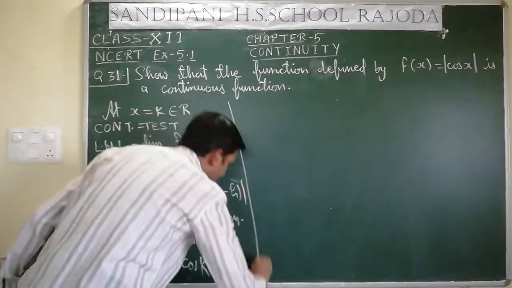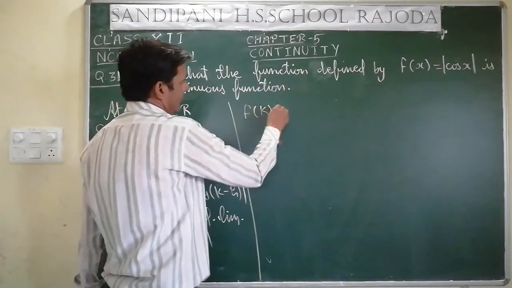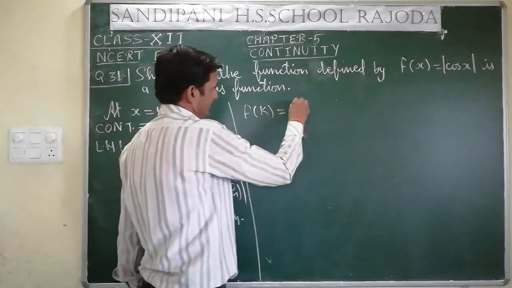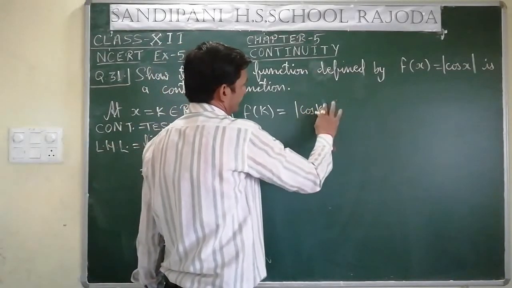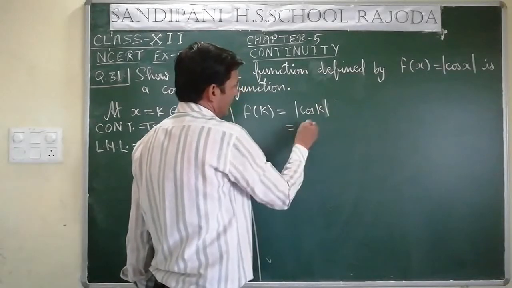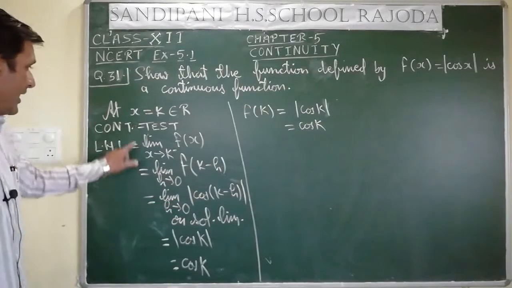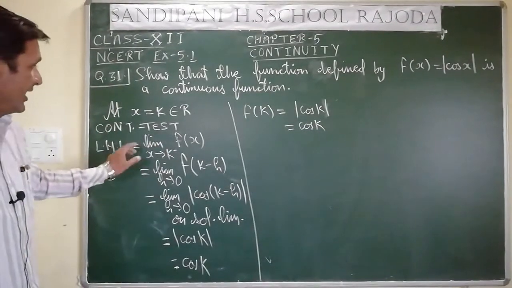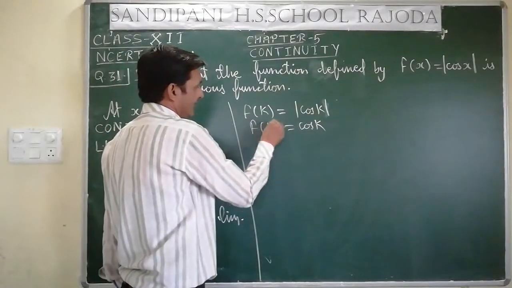Now f of k, that is equal to mod of cos k, that is again equal to cos k only. At x is equal to k, we have done LHL, f of k also. Now see RHL.